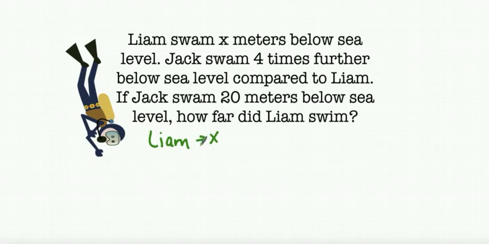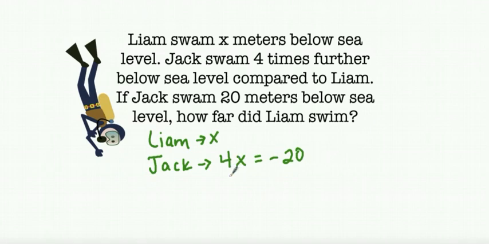And we know that Jack swam 4 times further below sea level compared to Liam, so 4 times what Liam swam, and he swam 20 meters below sea level in total, which is negative 20 because it's below sea level. And so if we want to find out how much Liam swam, we have to solve for x because here we know how much Jack swam.